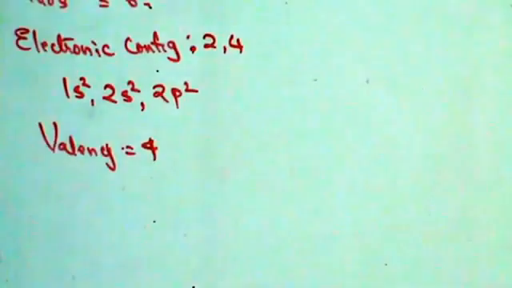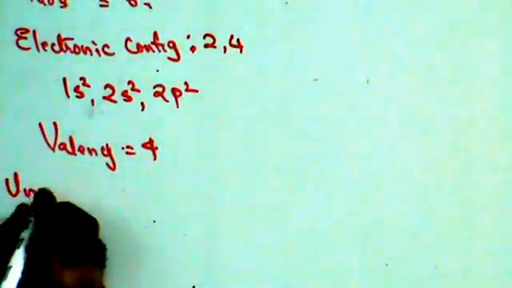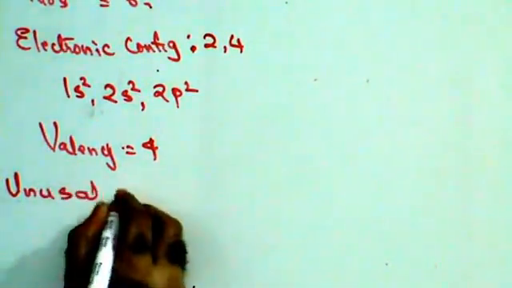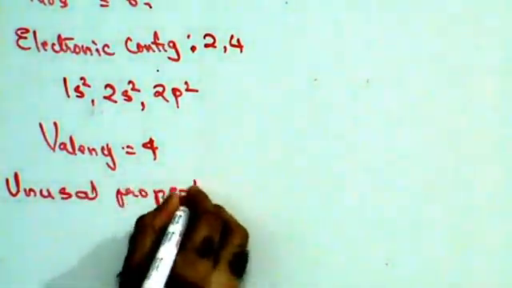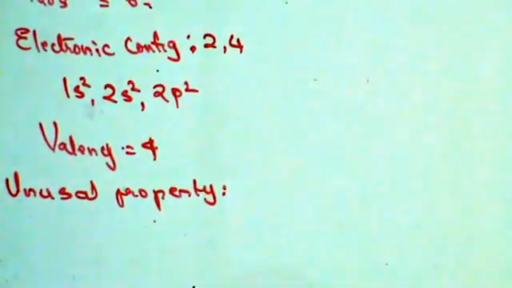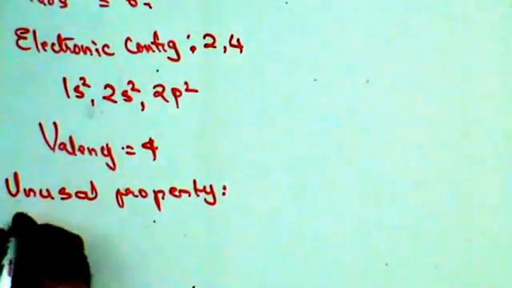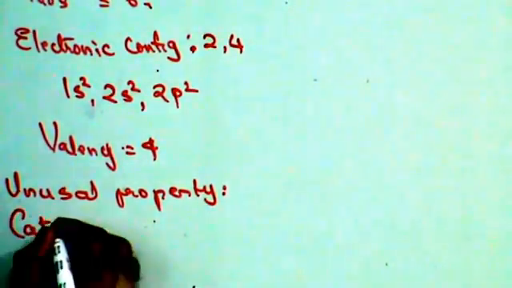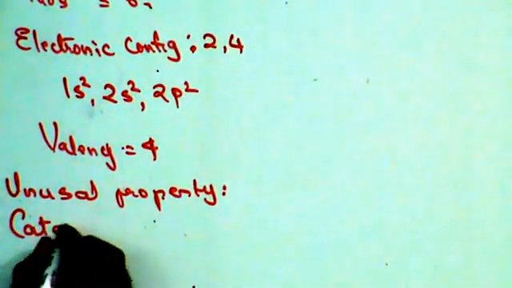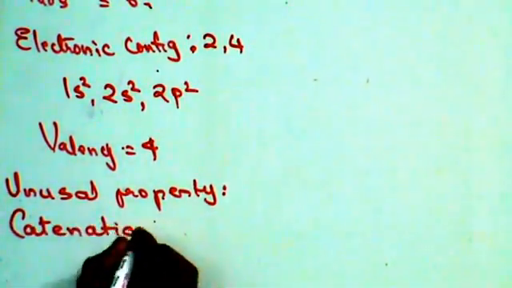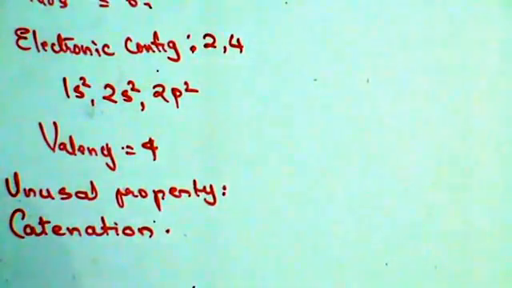Why do I have a chemistry for carbon? Because of an unusual property. What is the unusual property that it possesses? It possesses an unusual property called catenation. What is catenation?